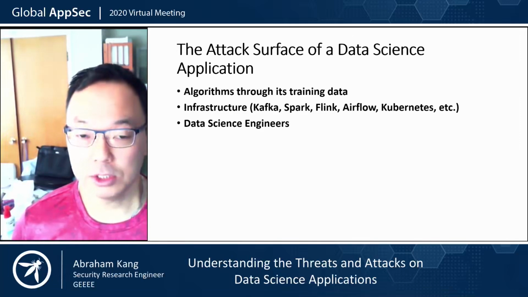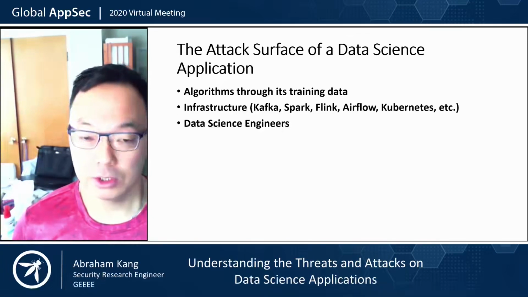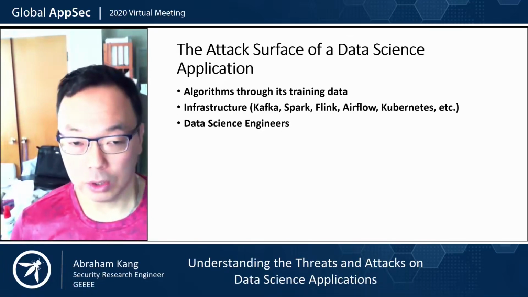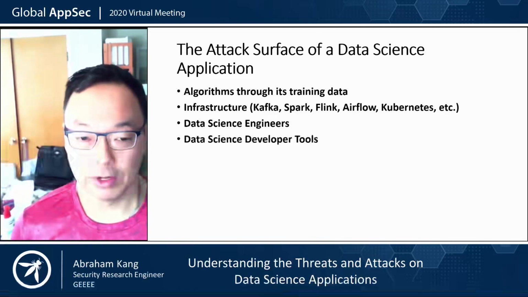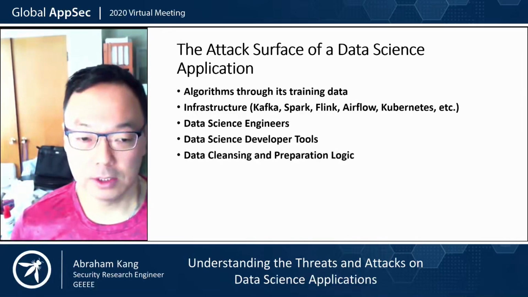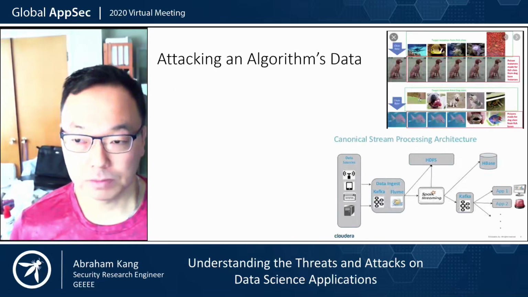The data science engineers are also part of the attack surface because they have access to sensitive data and large amounts of data. We also have developer tools that the data scientists use that provide an attack surface for the bad guys. And finally, we have the data cleansing and preparation logic, which, as application security engineers, we're so familiar with in terms of finding application security vulnerabilities.